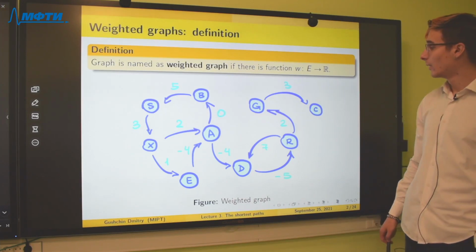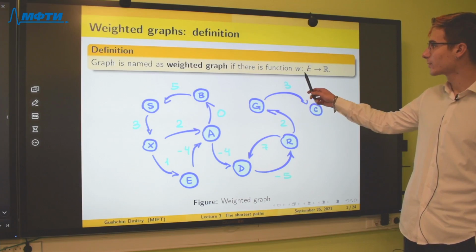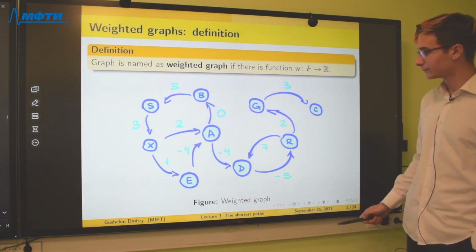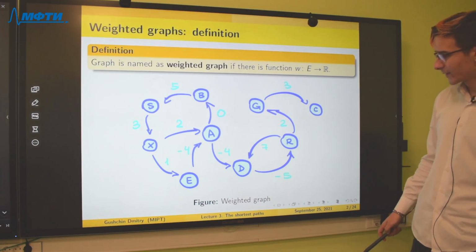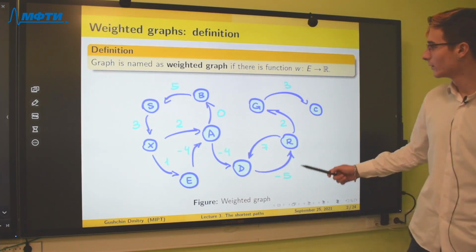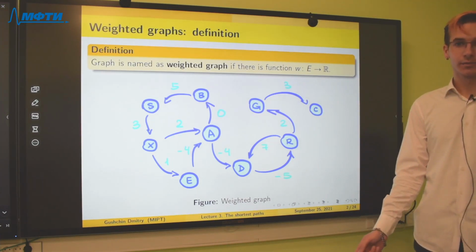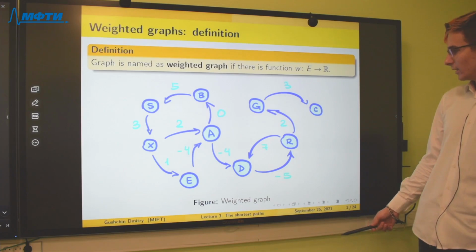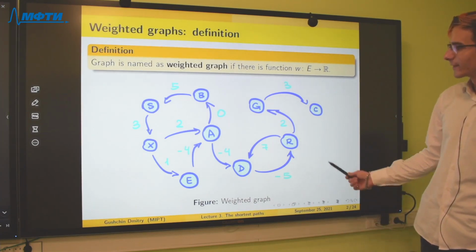So we have a function v that sets for each edge a real number. What can we say about this graph?